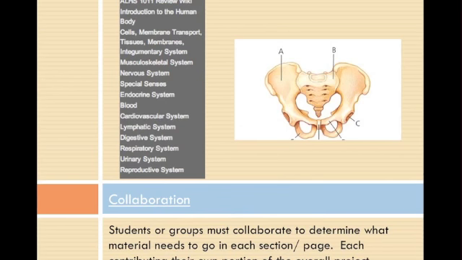Then as a unit, the entire class will have a review they can all go to and share. So the major C that I wanted to bring forward for this Web 2.0 is collaboration, because students and groups must collaborate to determine what materials need to go in each section or page, and each student gets to contribute their own portion to the overall project.